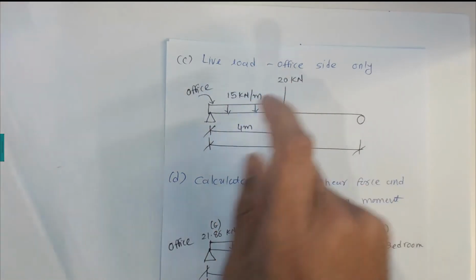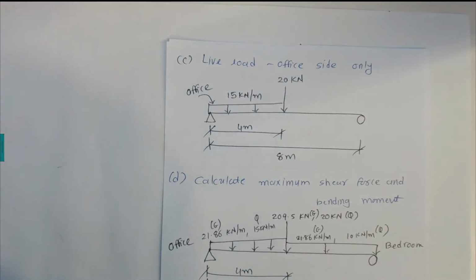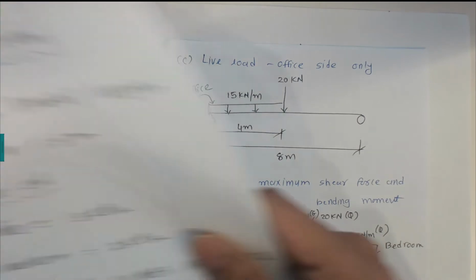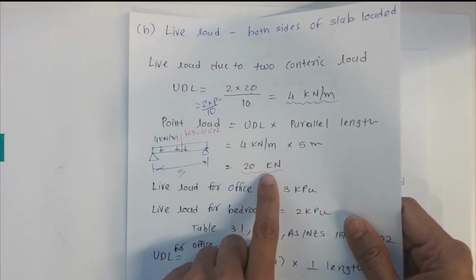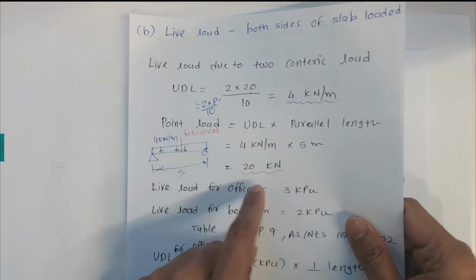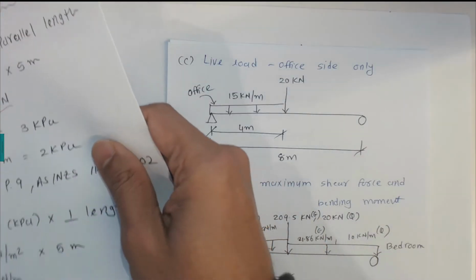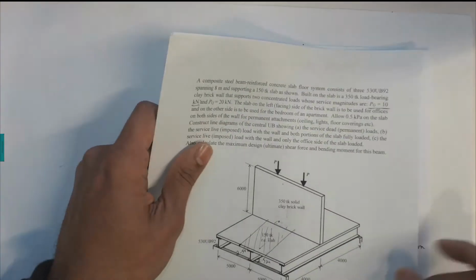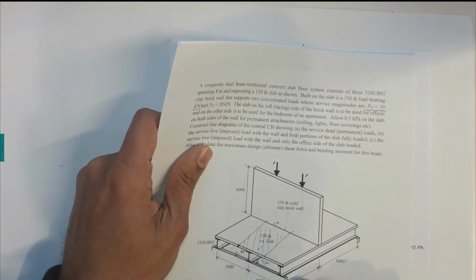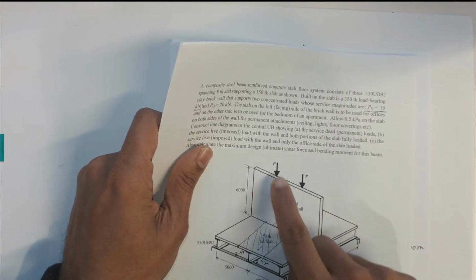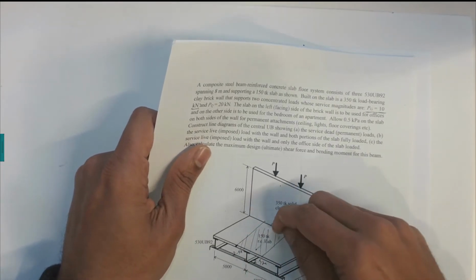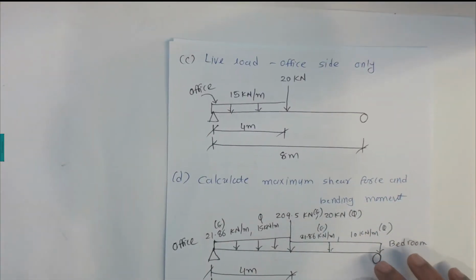The 20 kilonewtons is a concentrated load that we also calculated in the previous video, coming from the two concentrated loads onto the middle at 4 meters, which makes 20 kilonewtons here. That is the C.